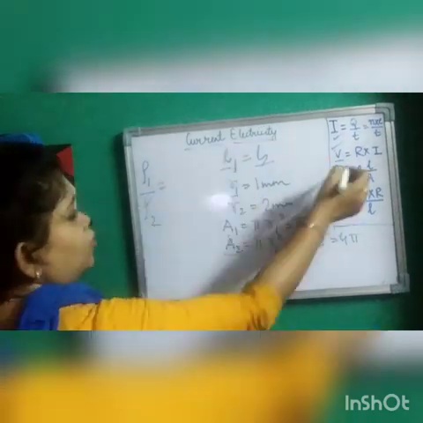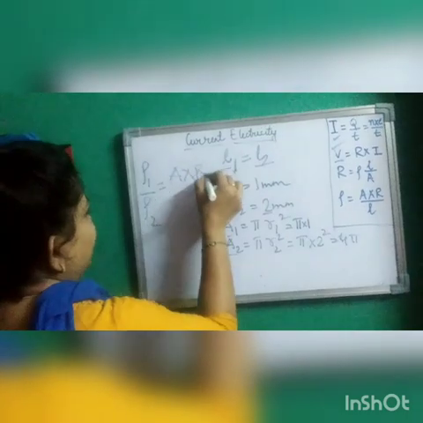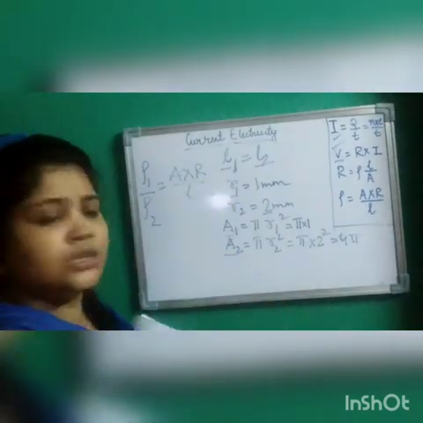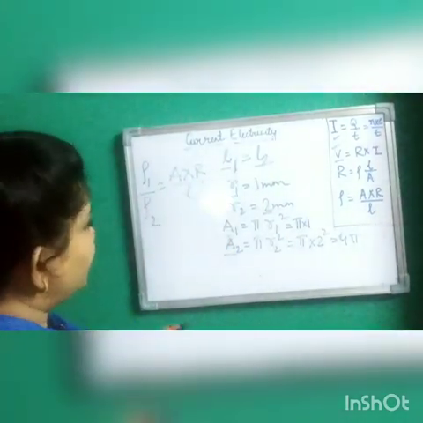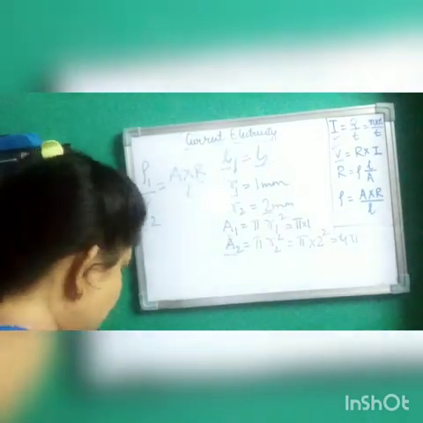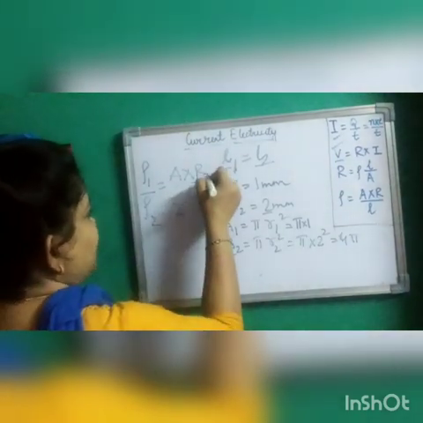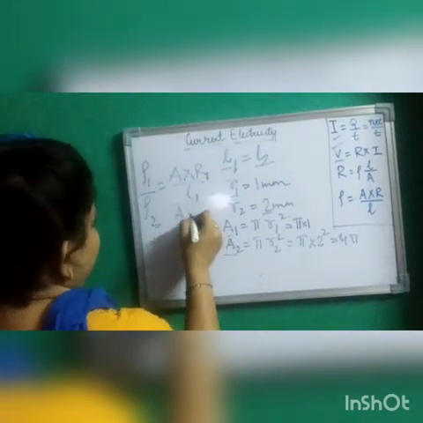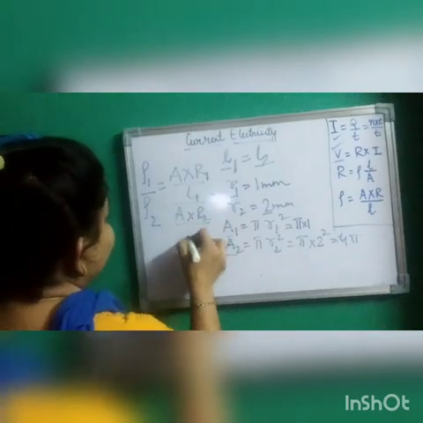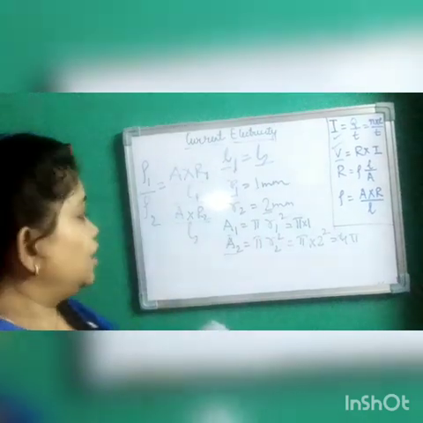So here it is A into R by L, area into resistance by length, that is the formula. And another is your area, again this is R1, this is L1, area into R2 by L2.